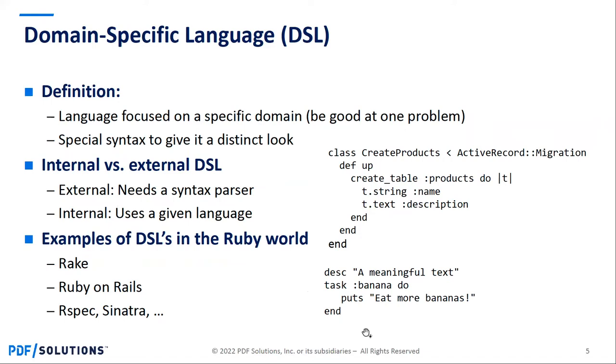So a domain-specific language, by definition, is a language which is focused on a specific domain. They say a DSL is good at exactly one problem, and the syntax usually has a very distinct look. You typically differentiate between an internal and an external DSL, where an external DSL needs a dedicated parser.